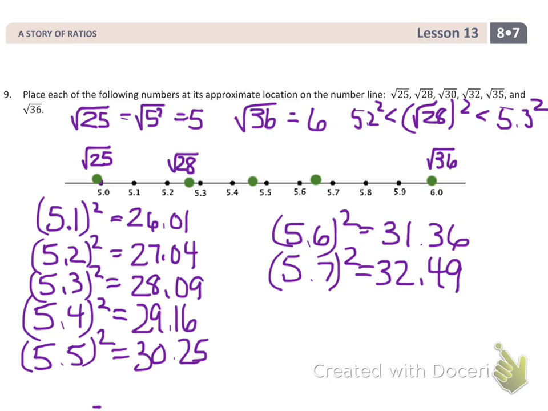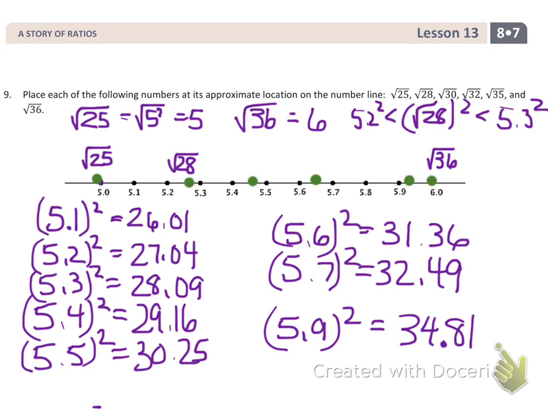So I think I'm going to move up closer to, let's move up here, 5.9 squared is equal to 34.81. Okay, the square root of 35 is going to be really close to that, but a little bit bigger. So I didn't need to do 5.8. It's 5.9 and a little bit.